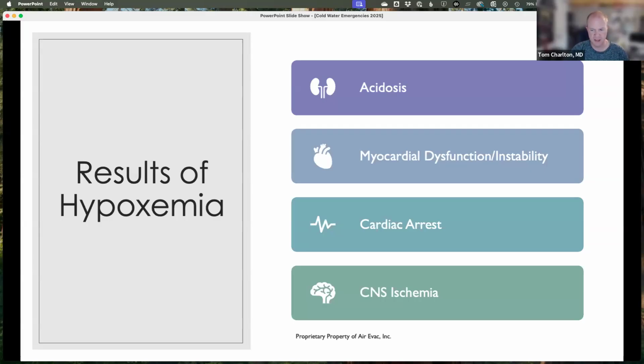Humans have a really narrow band where our enzymes and things like that will work. As we get lower in pH, they don't work the way they're supposed to anymore. This leads to your heart having dysfunction or irritability. Eventually, it leads to cardiac arrest. And then throughout this whole process, it's varying degrees of brain ischemia. And so, unfortunately, a lot of these patients will have lasting deficits.